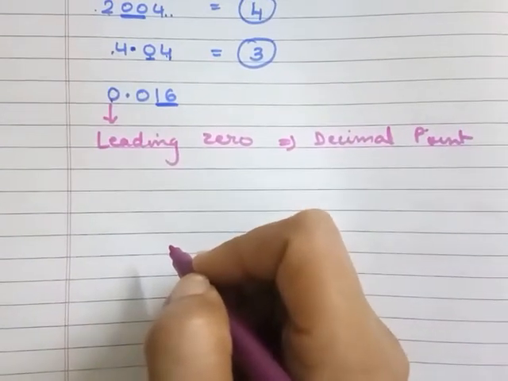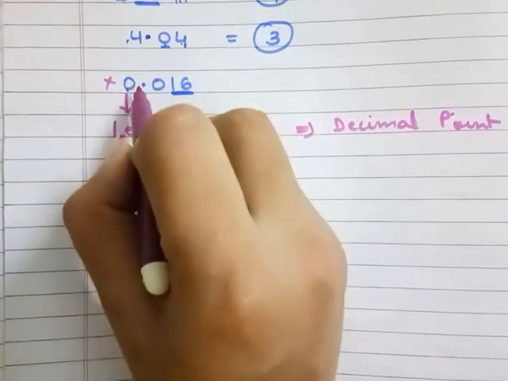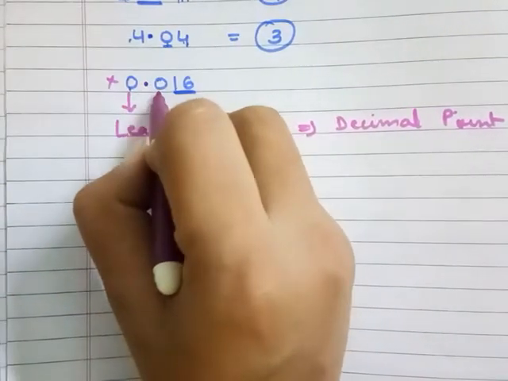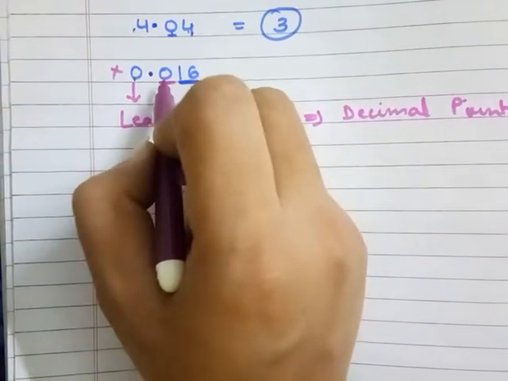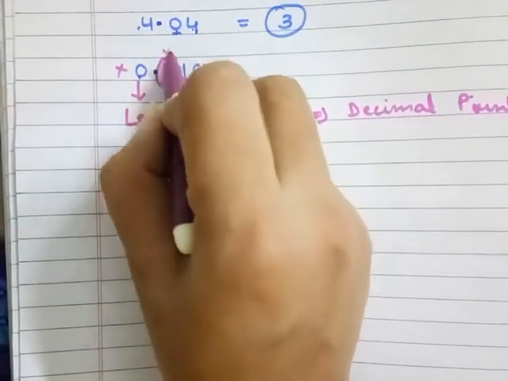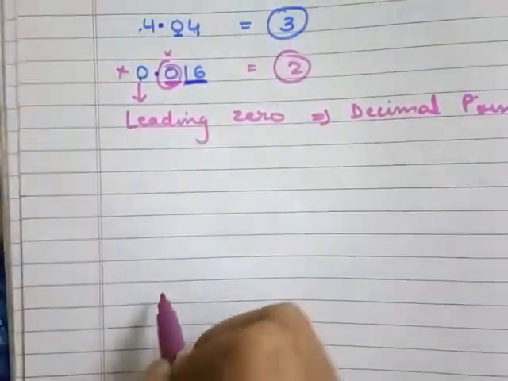So this does not have any kind of significance. So this is not significant. And to the right of the decimal point I also have a 0, but again the 0 is not between two non-zero digits. So this won't have any significance. So how many significant figures over here? We have 2 significant figures.